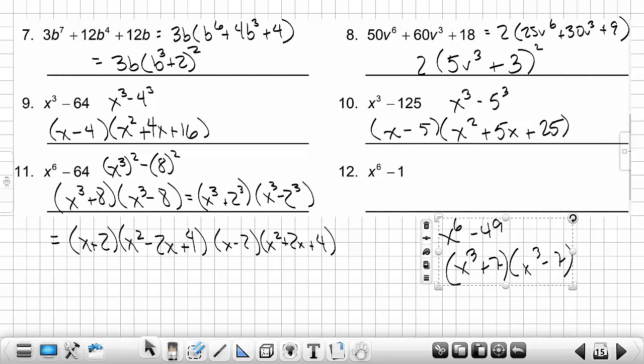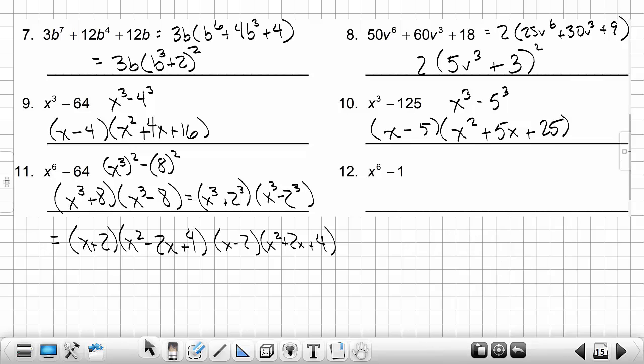Now, be careful. Let me come up with another example really fast. If I had x to the 4th minus 16, everybody okay? Difference of 2 squares.